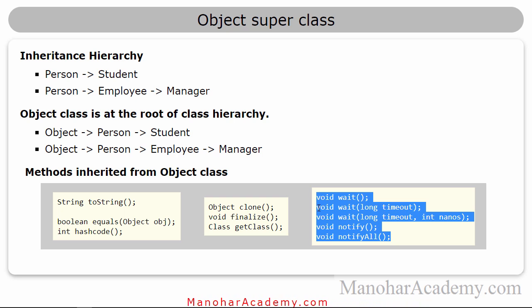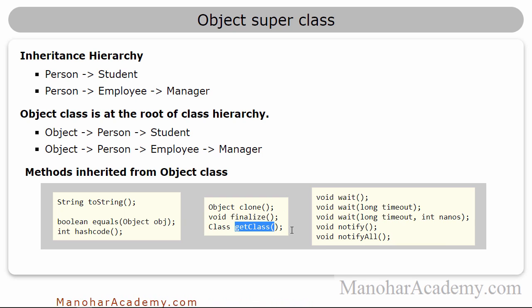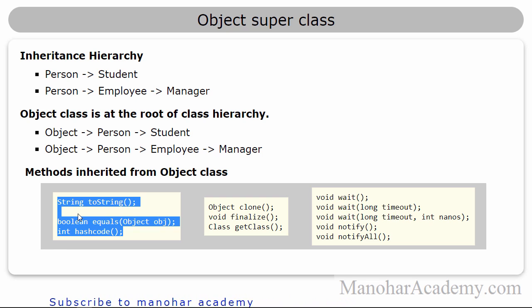We are not going to touch those. There are 3 less frequently used methods: one to get the class of the object, one called when the garbage collector is going to destroy the object, and another to create clones, or different objects with the same state. The most important and highly used method is toString. This is used absolutely all the time whenever you want to print some useful message, and equals and hashcode are also overridden whenever we need to check for equality.